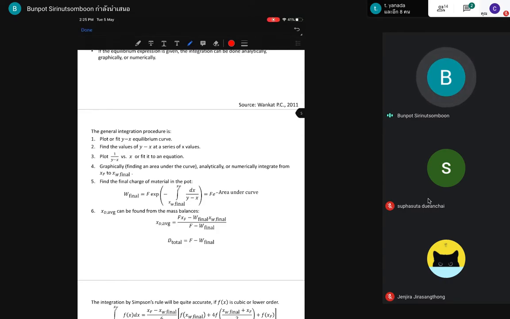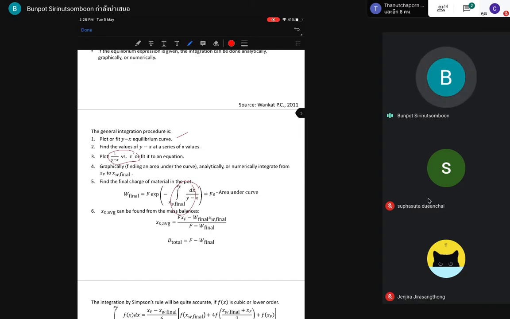First you have to plot the XY equilibrium, and then plot 1 over y minus x versus x. We make this plot because we want to solve this integral. One of the simplest ways to solve the integral is to make a plot and find the area under the curve.